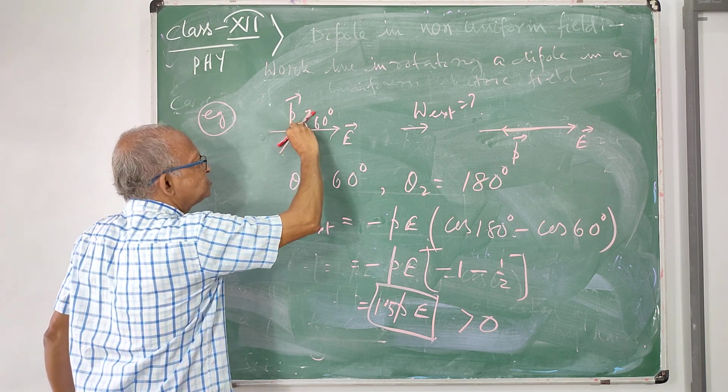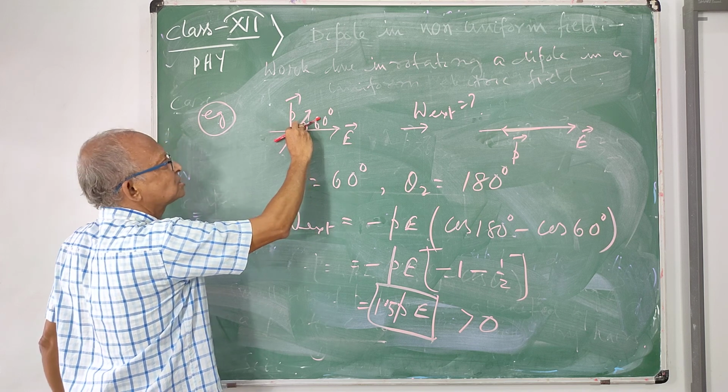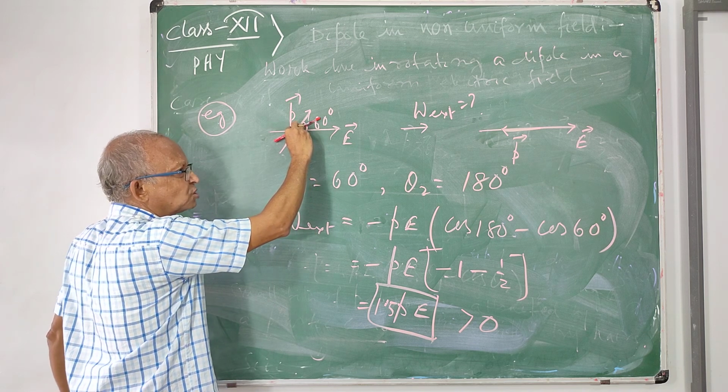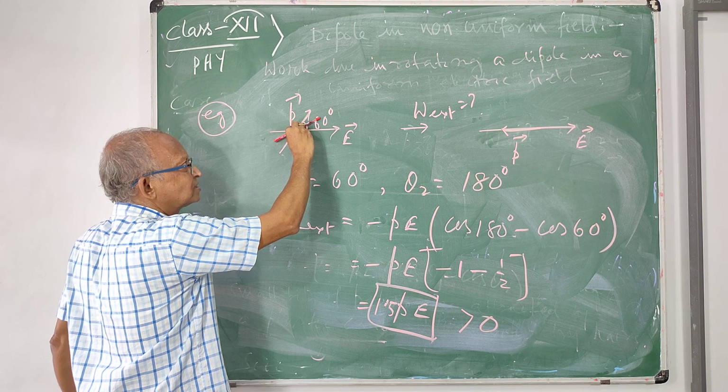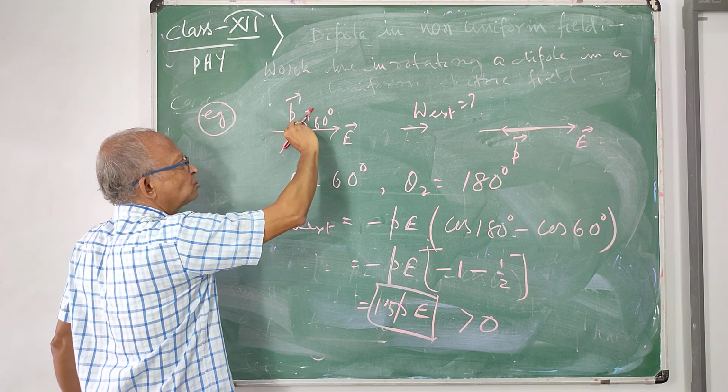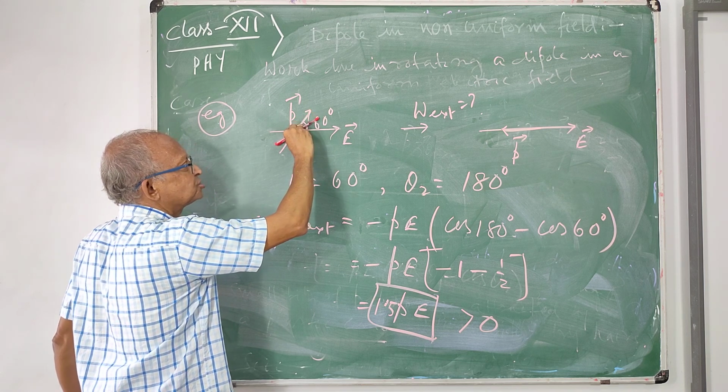And if I rotate in this direction, then the work done by the external agent would be negative, because the rotation is in favor of the field. Work done by the external agent would be negative, and work done by the electric field will be positive.